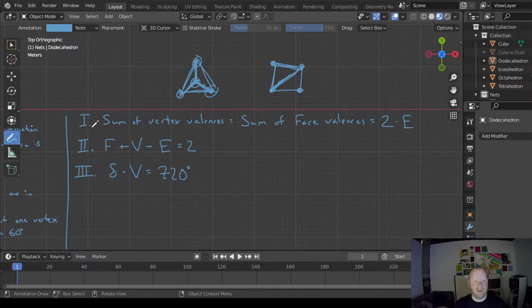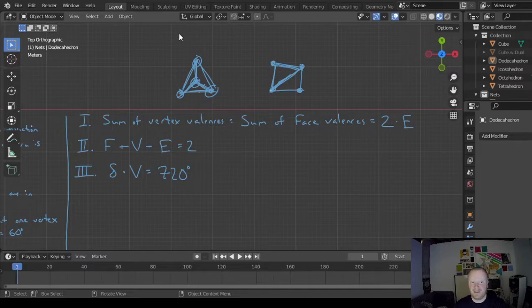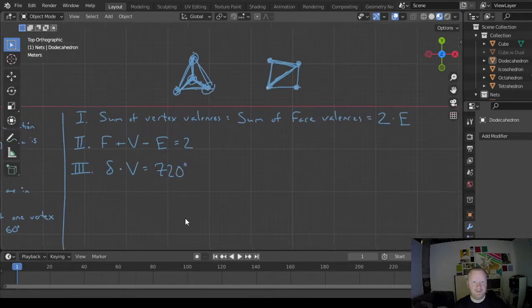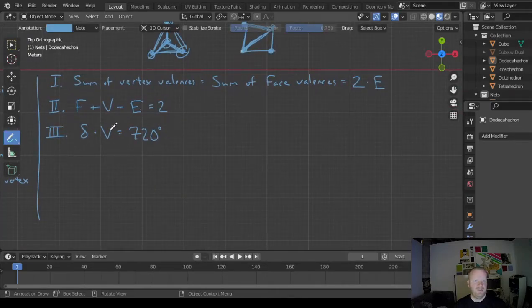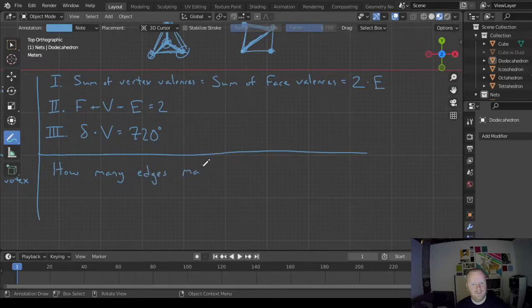So, almost every question that is not just a kind of what's going to happen at this shape sort of thing is going to be dealing with these 3 formulas. So I can ask a question, for example, that says how many edges make up a dodecahedron?